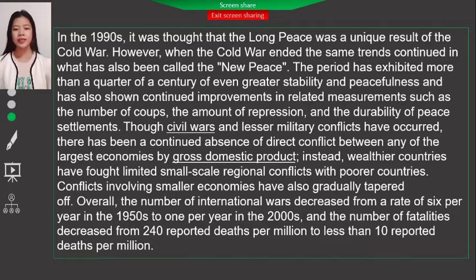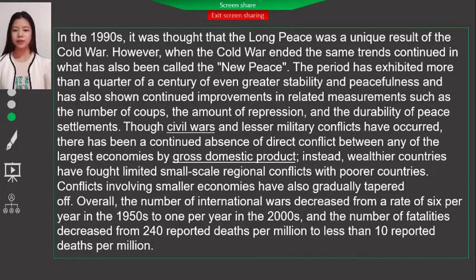The period has exhibited more than a quarter of a century of even greater stability and peacefulness, and has also shown continued improvement in related measurements such as the number of coups, the amount of repression, and the durability of peace.